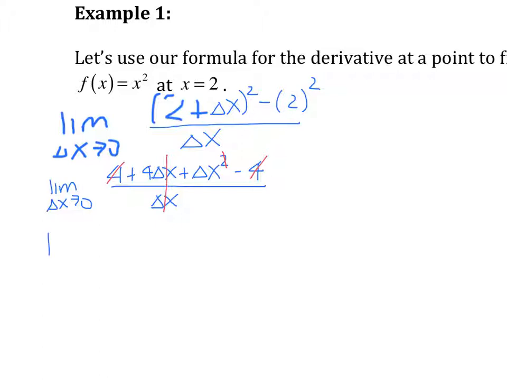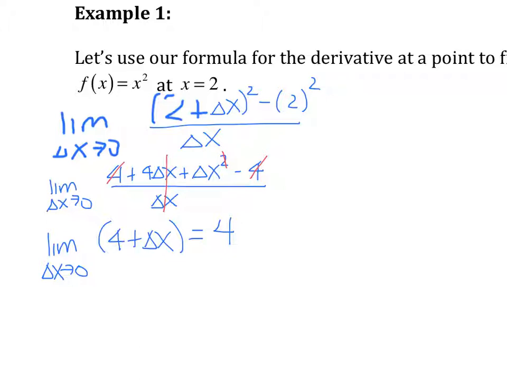That leaves us with the limit as delta x approaches 0 of 4 plus delta x. When we evaluate that limit by direct substitution, we get 4. So the derivative at x equals 2 for f of x equals x squared is 4.